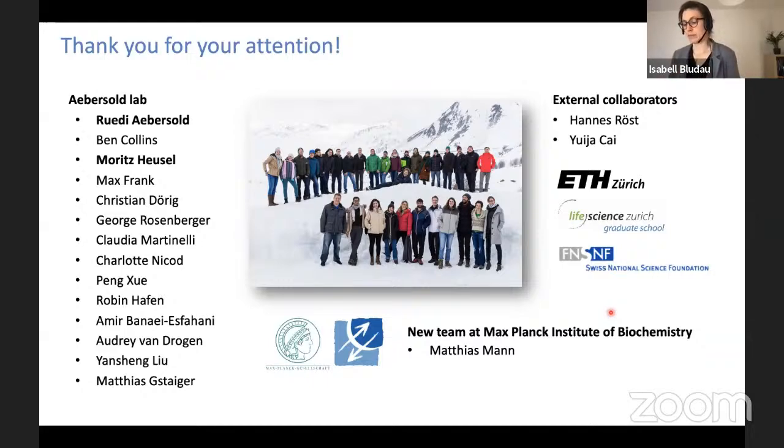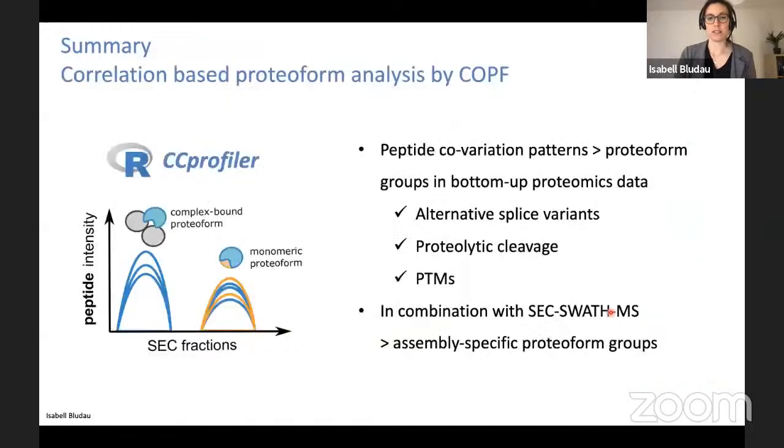This is basically what the entire strategy of proteoform-specific assembly boils down to, that we have the opportunity to actually see that proteins elute multiple times in the SEC dimension. And we observed this for around 30% or so of the proteins that actually have multiple elution peaks along the SEC dimension.